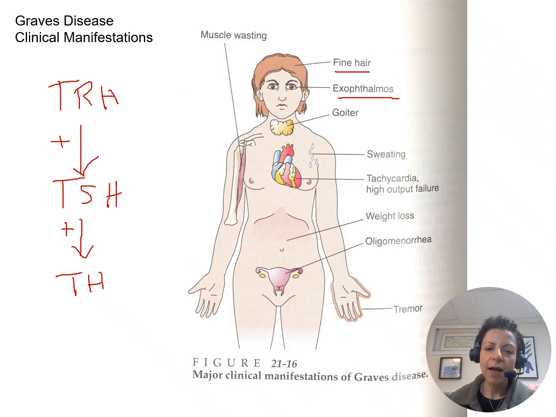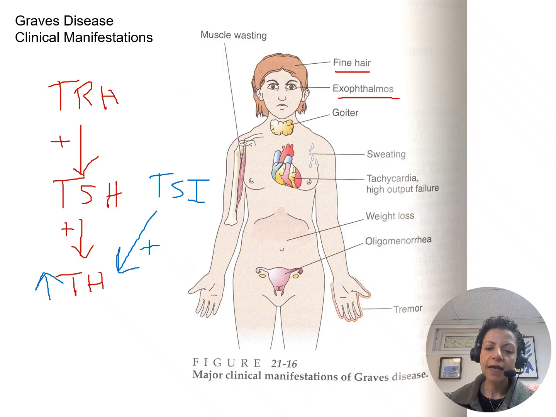Instead, what we now have is this new stimulator. We have this thyroid stimulating immunoglobulin that is stimulating the production of thyroid hormone. So as a result of this antibody, we have elevated levels of thyroid hormone.